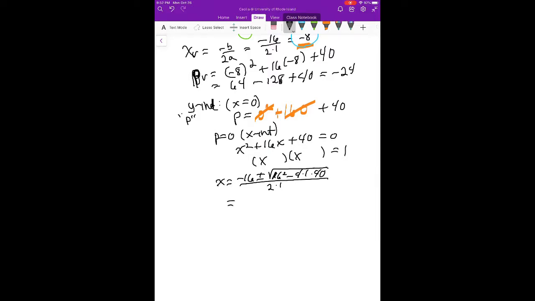So let's work on that. We have negative 16 plus or minus, and here we need to do what's underneath the radical sign. So what we're going to do is get 16 squared, and we're going to subtract from that 4 times 40.